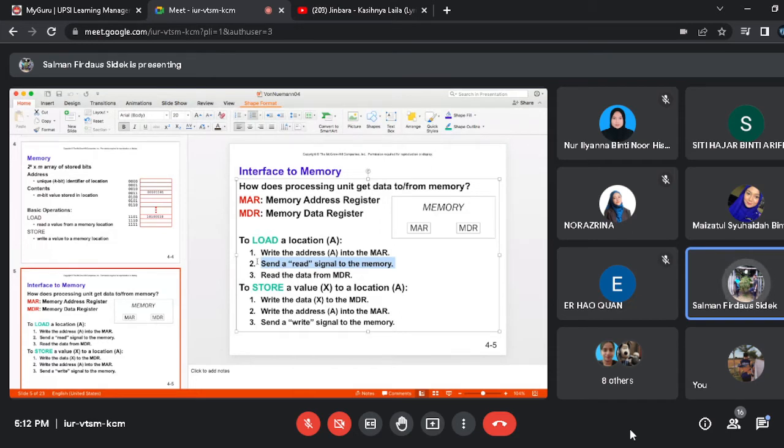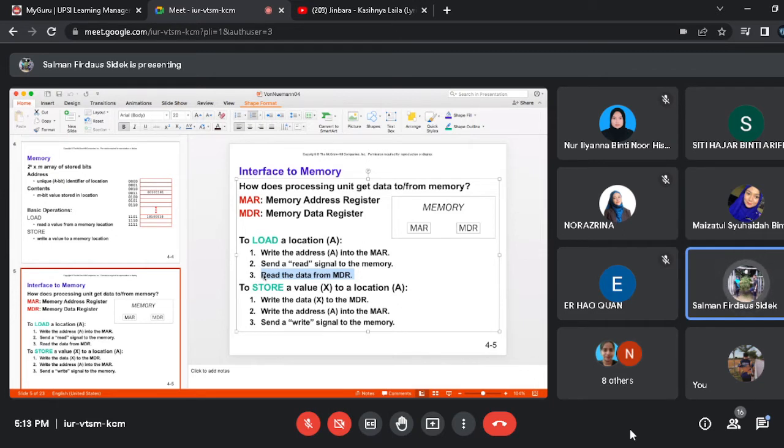And then after the data is already in the MDR, the third step will be execute, where the data will be sent from MDR to where? CPU. Pandai. Okay.